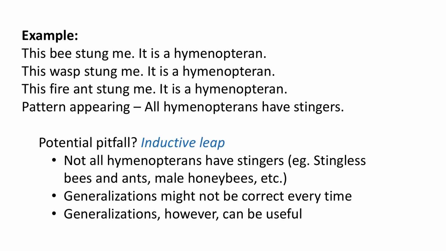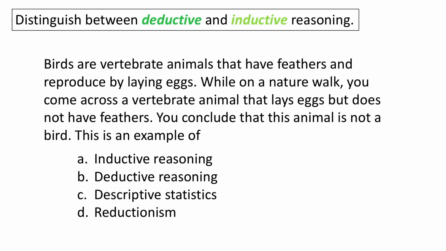They're particularly useful because as humans, it's in our nature to classify things, to put things in little bins, groups of like things, and make generalizations about them. Doesn't mean it's necessarily the wrong approach. It just means that you have to be careful and not utilize these generalizations as the end-all, be-all definition of something. So our first question is to distinguish between deductive and inductive reasoning.